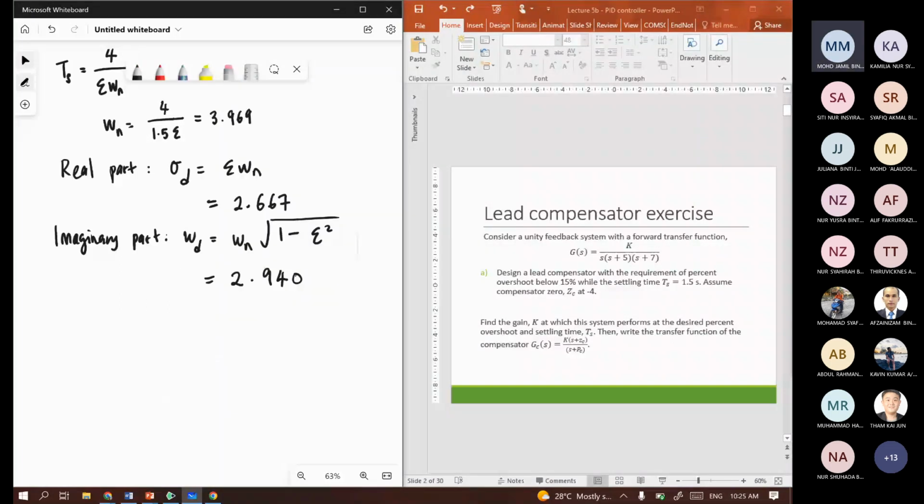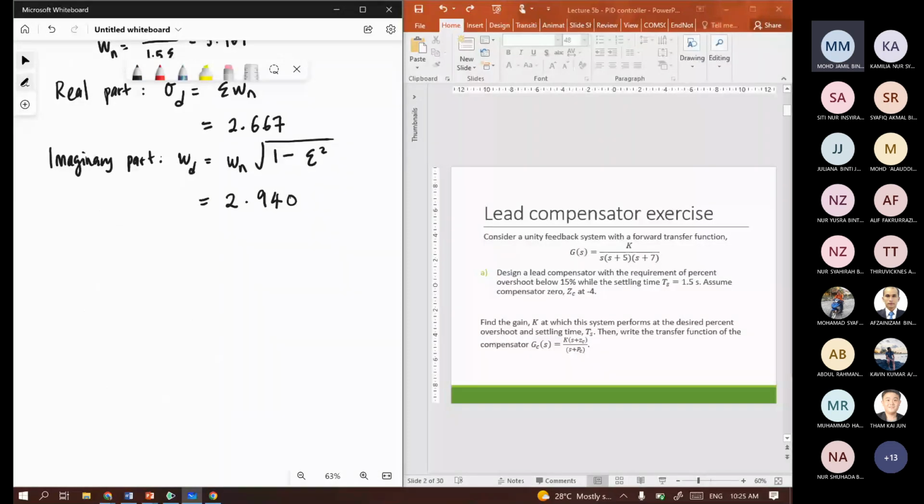And then after you obtain the dominant pole, you can write the dominant pole in full.